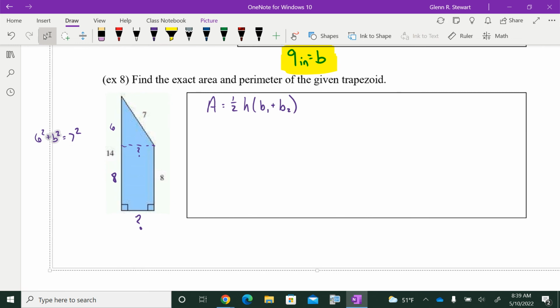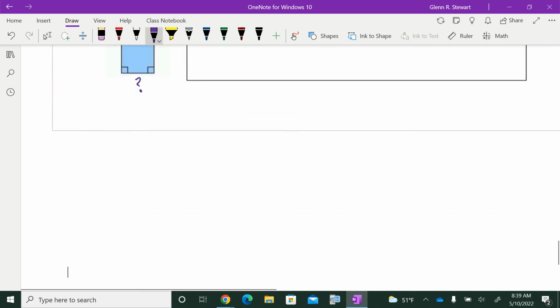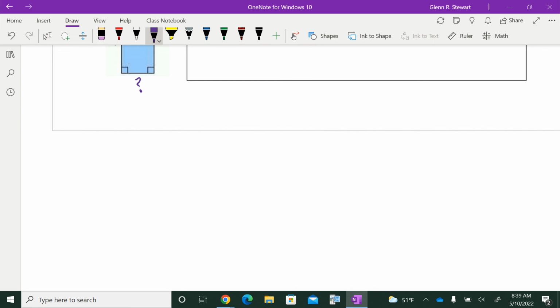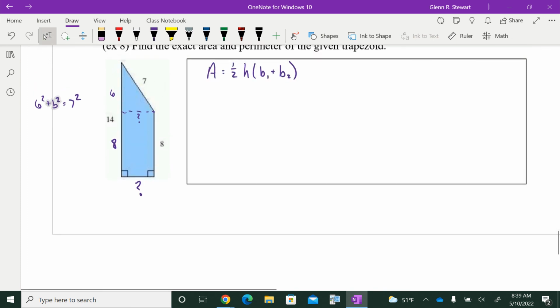36 plus b squared equals 49. So then b squared is equal to 13.